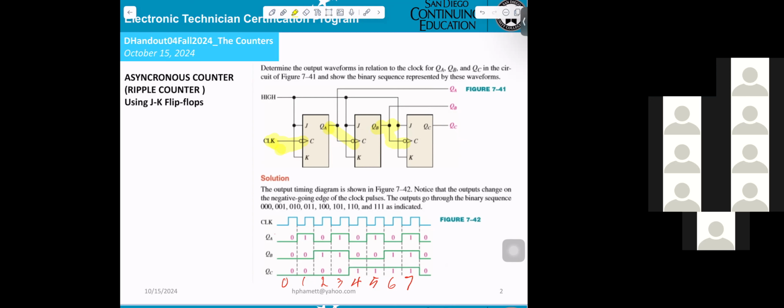So if I'm looking at this circuitry, I know this is a ripple counter, or a synchronous counter. Normally we use ripple, using the JK flip-flop, that they can build.